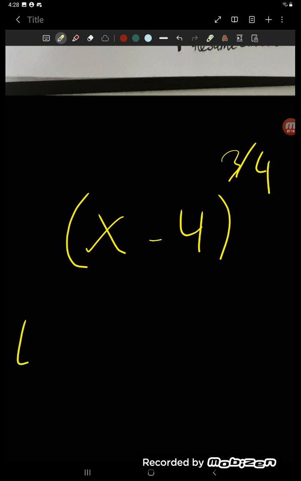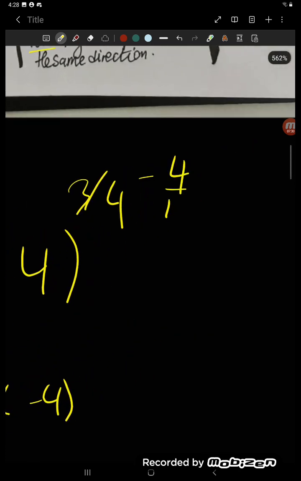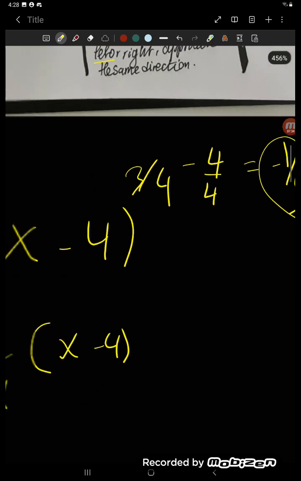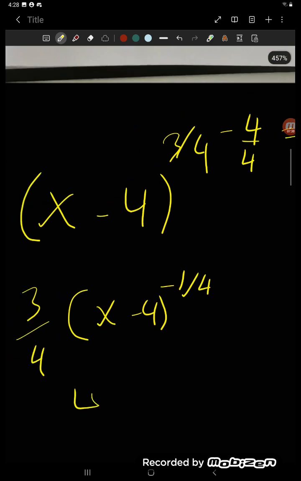Let's fix it now. Let's just take the derivative for 3 over 4. There's x minus 4, so essentially I'm going to do 3 over 4 minus 4 over 4. So there's 1 over 4. Right.